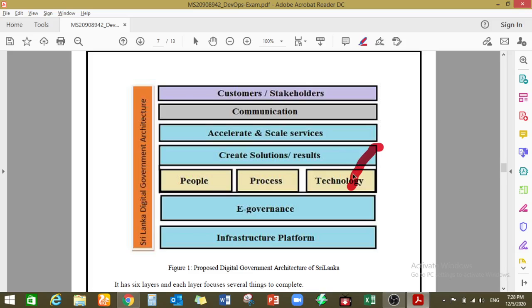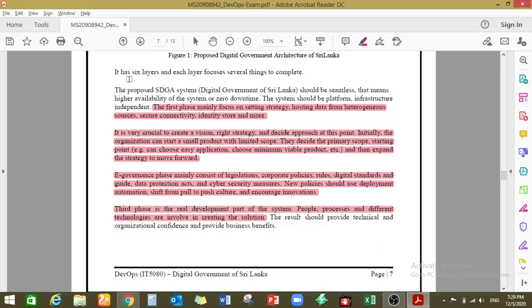DevOps practices and culture can play a major role in this phase, and then accelerate and scale services, then communication, and finally the stakeholders or customers who are using this system as an output. It has 6 layers, and each layer focuses on several things to complete.